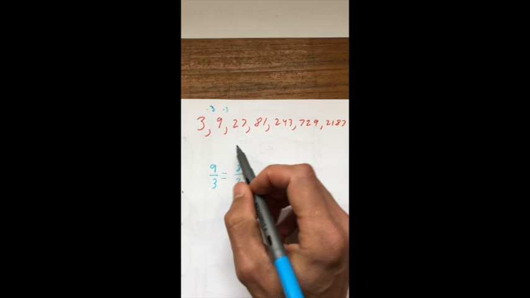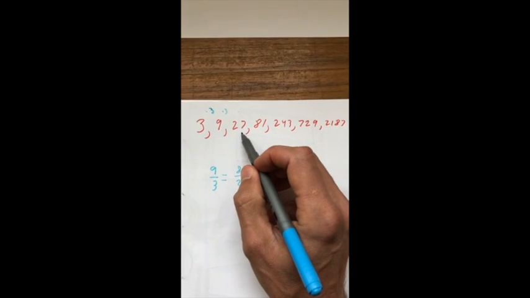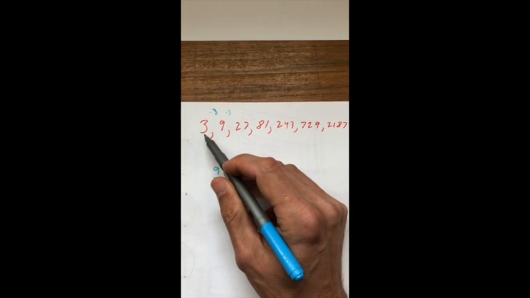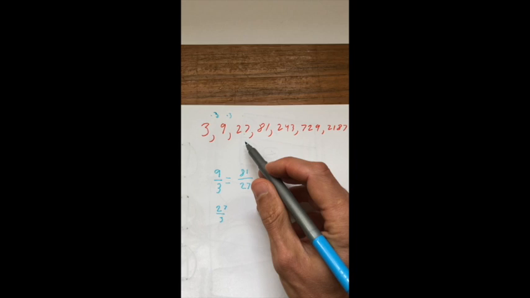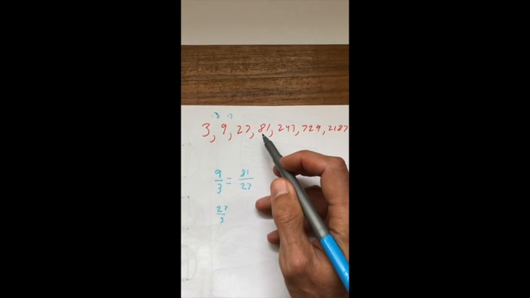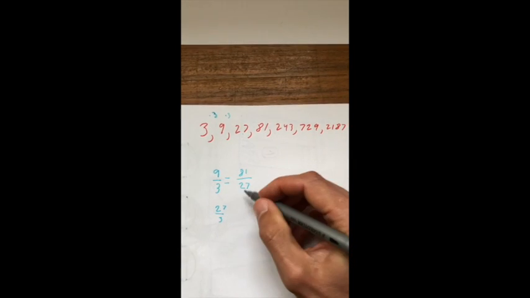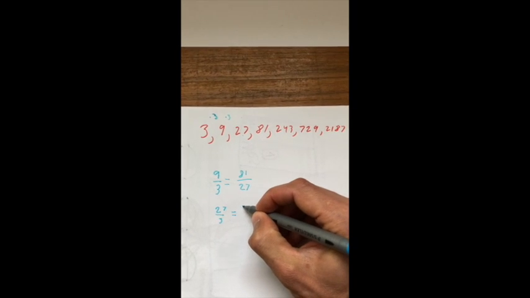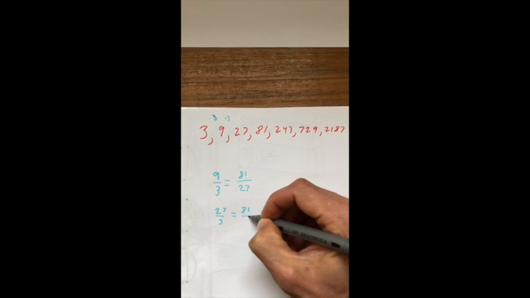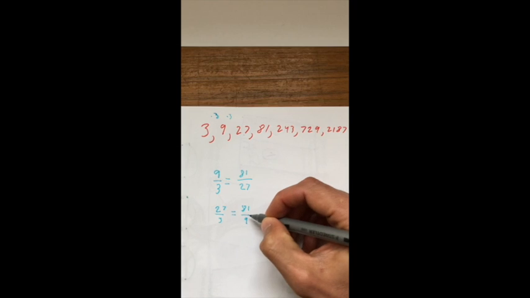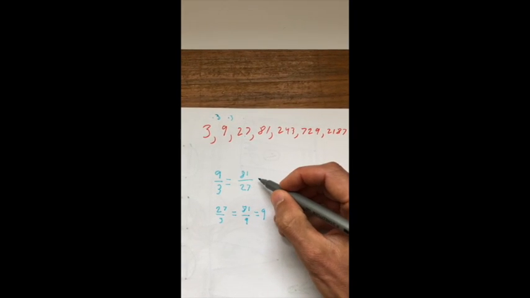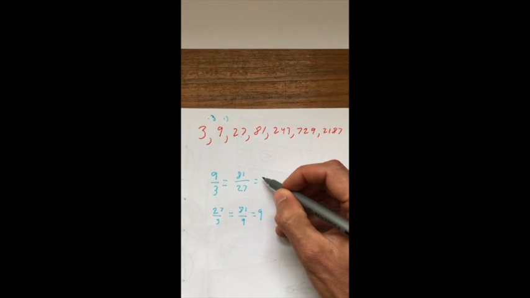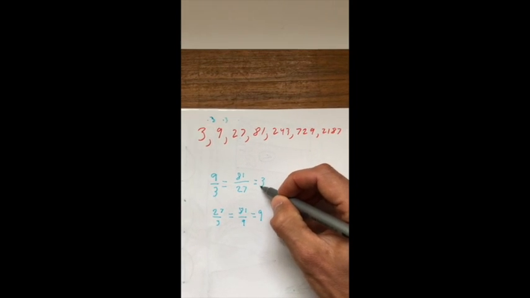You could also look at it another way. The ratio of 27 to 3 is going to be equal to the ratio of 81 divided by 9. In this case, they both equal 9. Oh, and I didn't finish this one up here. This one is, both ratios are 3.